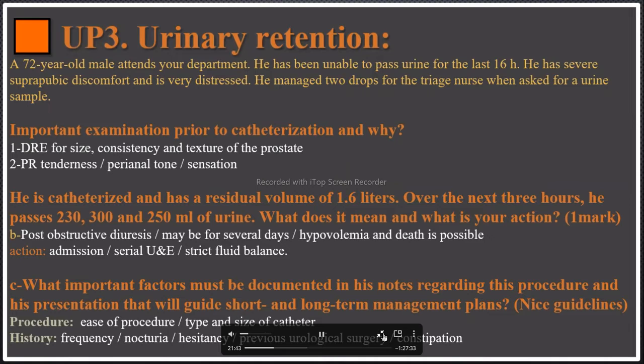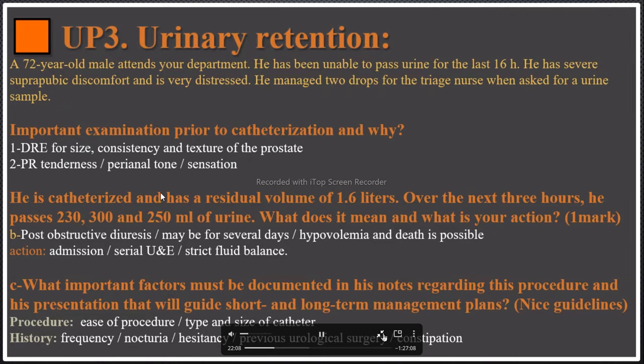So digital rectal examination is for the prostate, for benign prostatic hyperplasia, and also to rule out any neurological cause. Saddle tenderness, perianal tone, sensation, this is also included in digital rectal examination.